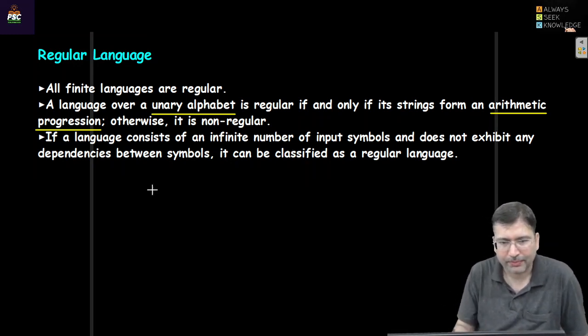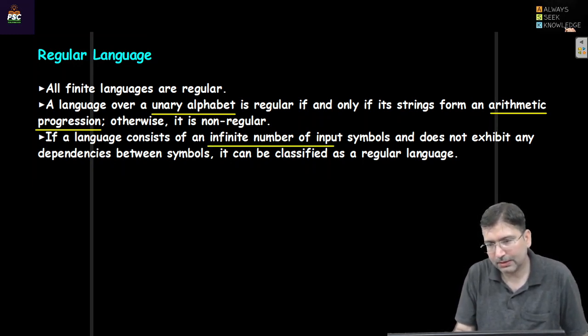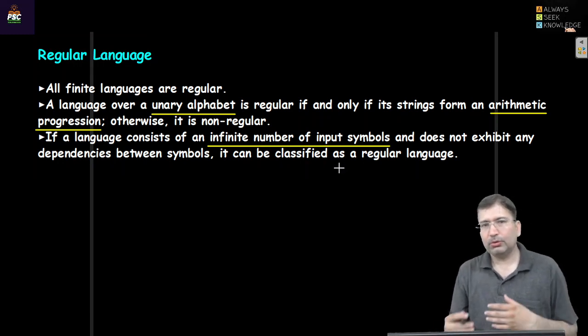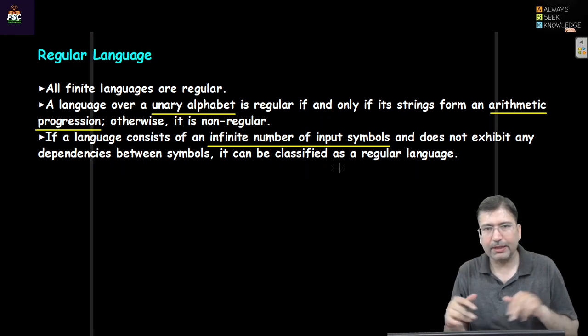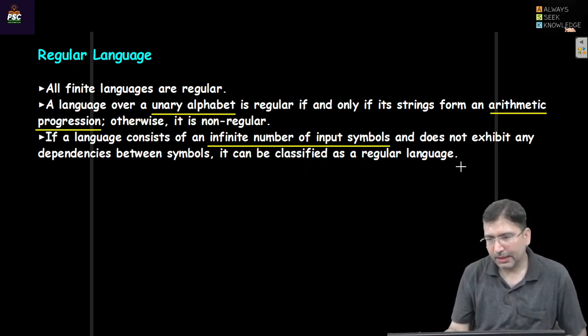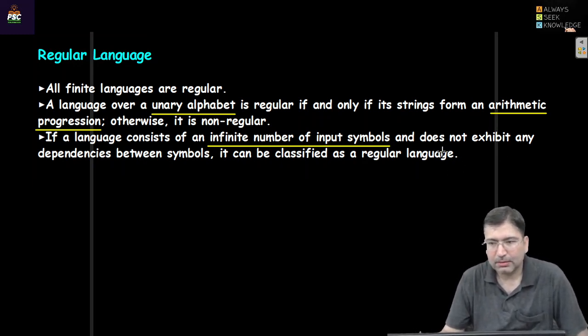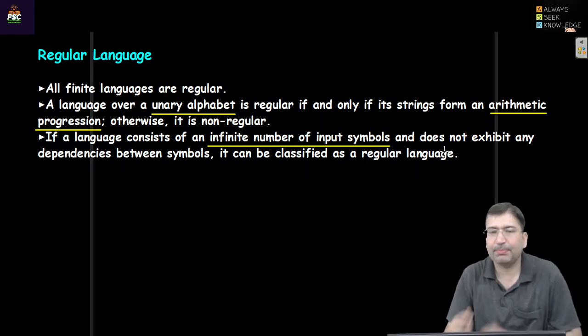I'll take an example. The third point: rather than a single input symbol, there may be 2, 3, 4, any number of input symbols. If a language is defined over a larger alphabet set where n input symbols are there, then we need to ensure that the symbols do not have any relationship between them.